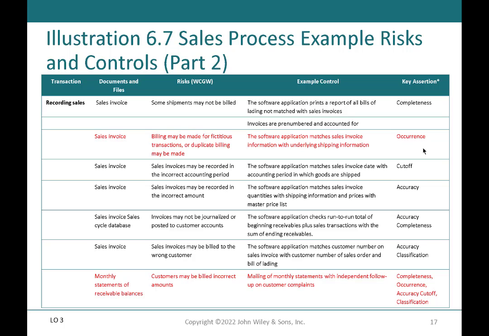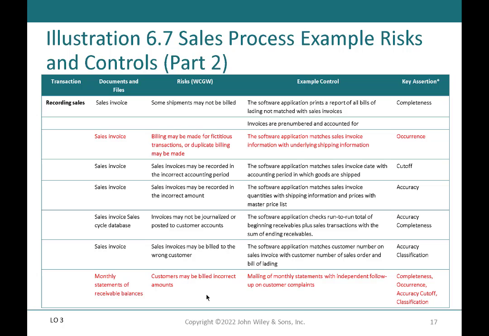All right, if we don't have a bill of lading for the goods going out and we're saying we have this sale, we're adding revenue to the books, right? We see this entry made for like a $1 million sale and the auditor can't find the bill of lading. All right, that's problematic. That's a clue that maybe, in fact, the sale didn't occur to begin with. Another situation that could occur is customers may be billed incorrect amounts.